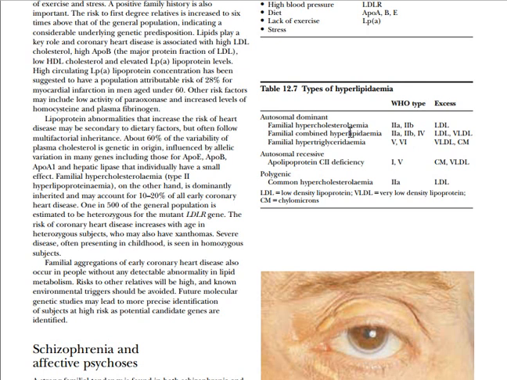In familial hypercholesterolemia, you have a very high level of LDL. In familial combined hyperlipidemia, you have both high LDL and high very low density lipoprotein. In familial hypertriglyceridemia, you have very high very low density lipoprotein and very high chylomicrons. These are autosomal dominant disorders resulting in dyslipidemias.